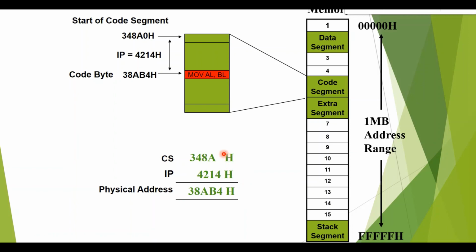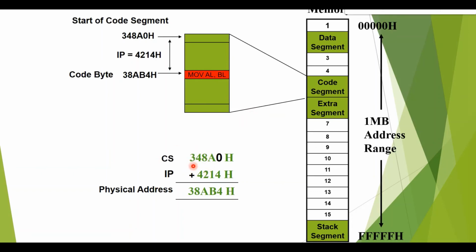Then we do the simple addition operation. So this is how the BIU generates the physical address to read the instruction from any particular memory location.